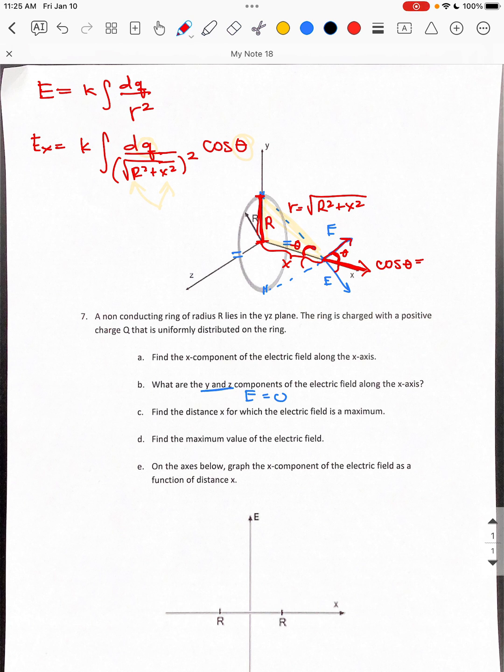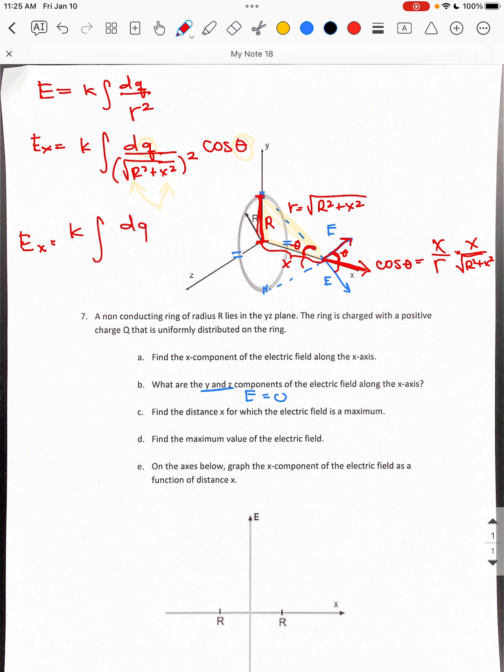So the cosine theta of that is going to be x over r, oh sorry, wrong r, x over little r, which then would translate into x over the square root of big R squared plus x squared. And then I'm going to plug that into my equation and things can start simplifying out.